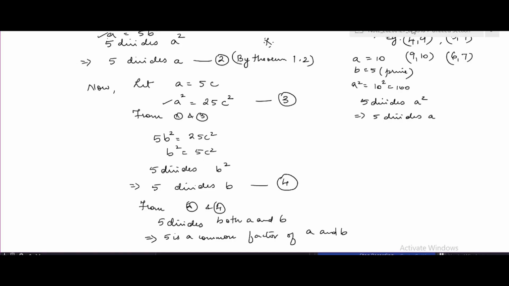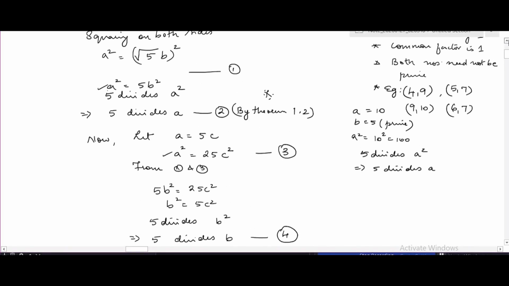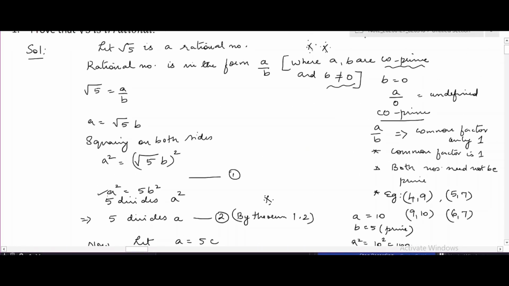Here, real numbers, prime and co-prime, A and B are co-prime, B not equal to 0, definitely you have to write. If you miss these two, you will not get marks, especially when you miss out co-prime, because that is the main aspect of the sum.